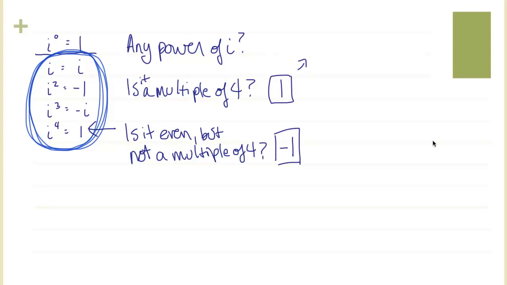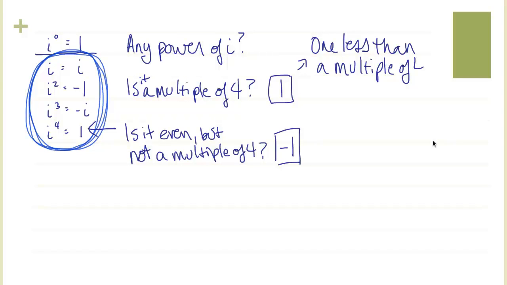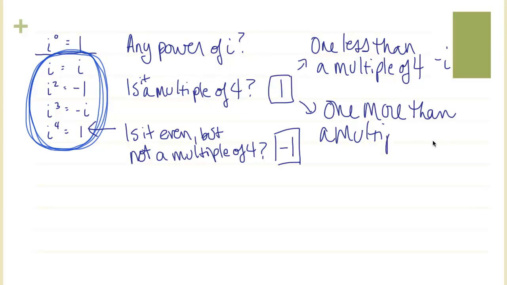If it's 1 less than a multiple of 4, then it's going to be -i. If it's 1 more than a multiple of 4, then it's going to be plain old i.